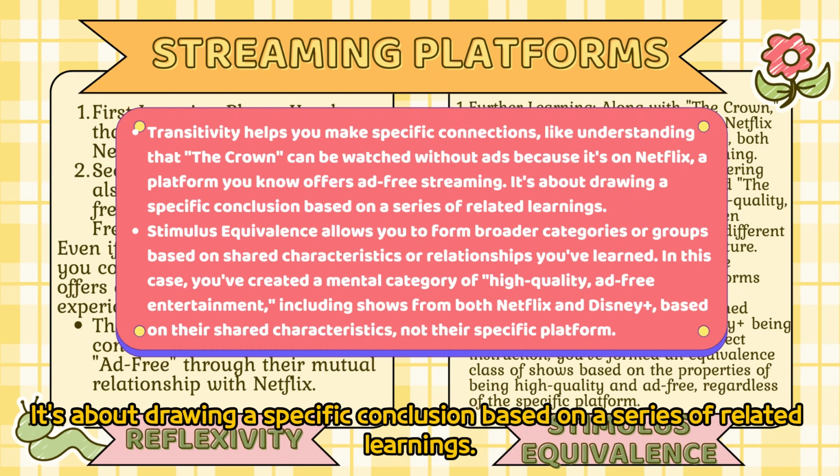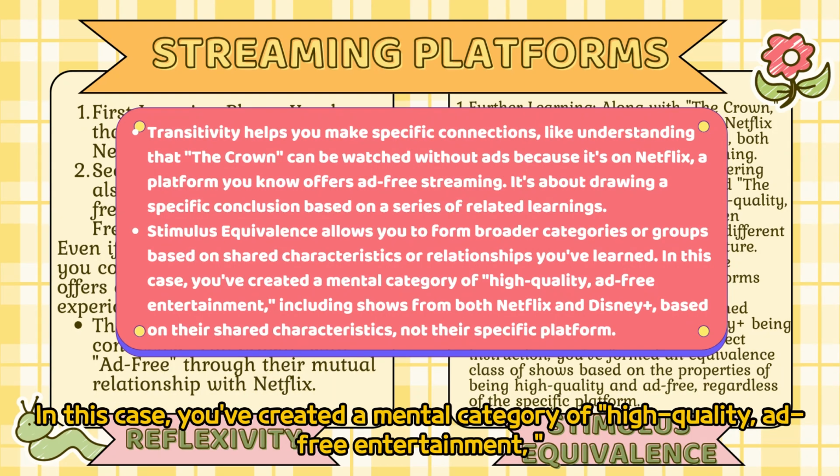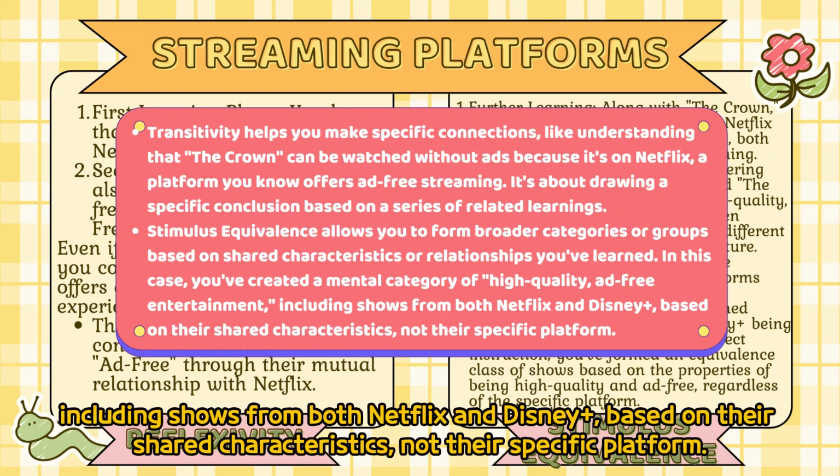It's about drawing a specific conclusion based on a series of related learnings. Stimulus equivalence allows you to form broader categories or groups based on shared characteristics or relationships you've learned. In this case, you've created a mental category of high-quality and ad-free entertainment, including shows from both Netflix and Disney, based on their shared characteristics, not their specific platform.